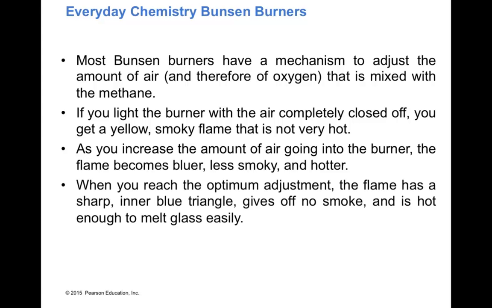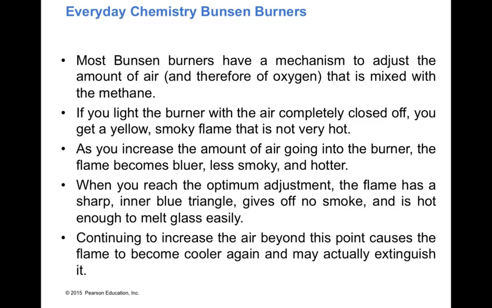When you reach the optimum adjustment, the flame has a sharp inner blue triangle and gives off no smoke and is hot enough to melt glass easily. Continuing to increase the air beyond this point causes the flame to become cooler again and may actually extinguish it.